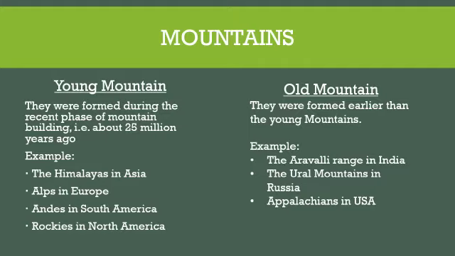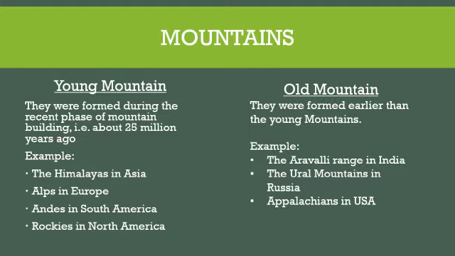For example, the Himalayas in Asia, the Alps in Europe, the Andes in South America, which you have studied at the time of the continent study, and the Rockies in North America are examples of young mountains.